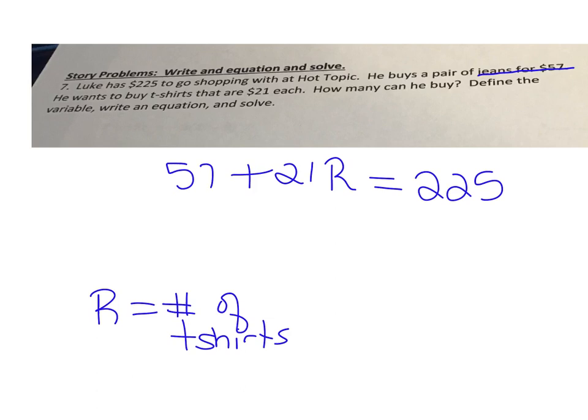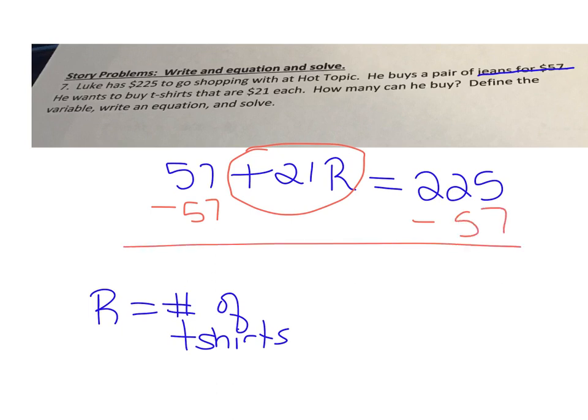So we don't have any distributive property, we don't have any combining like terms, we don't have any fractions, we just need to isolate the variable. So I'm going to subtract 57 from both sides, and I get 21R equals... I don't even have a calculator right now, so I'm just going to do the work. So this is 8, and this is 6, and then I have a leftover 1.